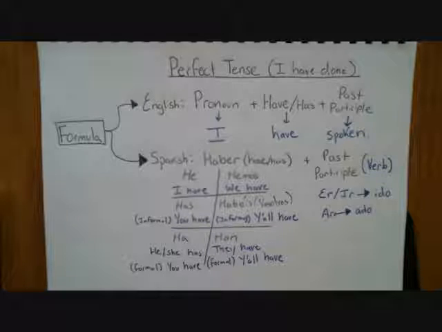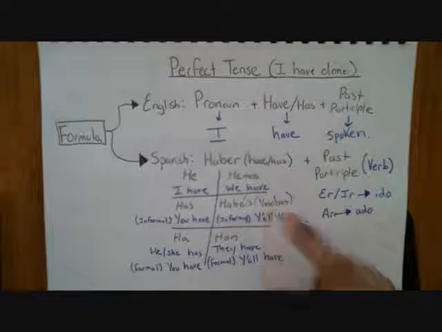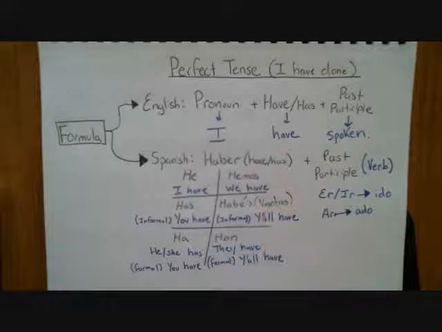Vosotros means y'all, informal. You use it when you're talking to a group of friends. Hey, you guys. That is the pronoun for this verb form here. This is mainly used in Argentina and Spain and Chile, but not in the rest of the Spanish-speaking world. And for that reason, most Spanish teachers will not teach you vosotros or any of its conjugations. I think that's dumb. People still use it, so I think it's a good idea to learn it.